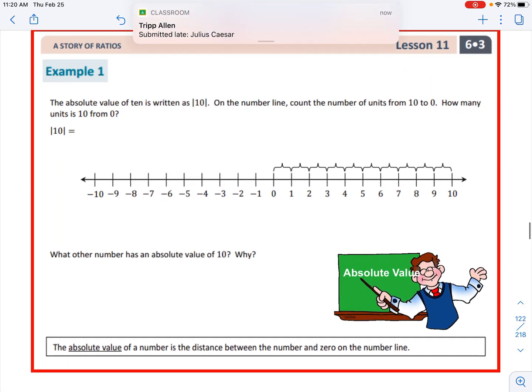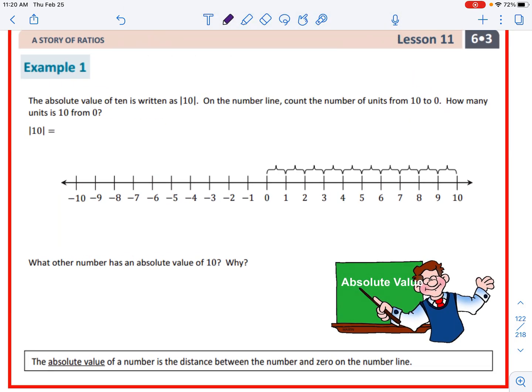So, example 1 tells us the absolute value of 10 is written as those two lines with 10 in the middle. On the number line, count the number of units from 10 to 0. How many units is 10 from 0? Well, there are 1, 2, 3, 4, 5, 6, 7, 8, 9, 10 units between 10 and 0. So the absolute value of 10 equals 10.